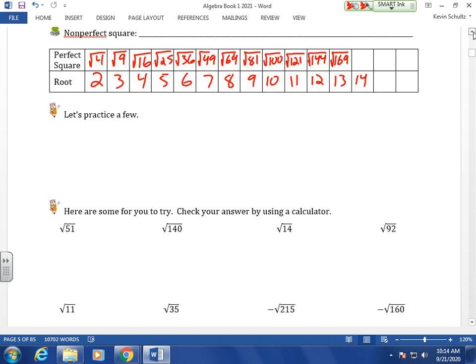14 squared. If you're unsure in your calculator, this is where you would use that x squared button, so you wouldn't press the second function first. You type 14, then hit that x squared button, get the little 2, power of 2, and enter. 196. Yes, the root of 196. 15 squared. 225. Root of 225.